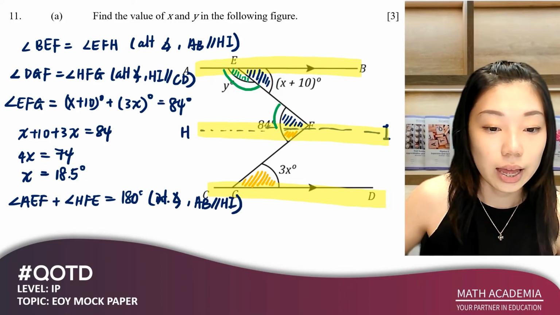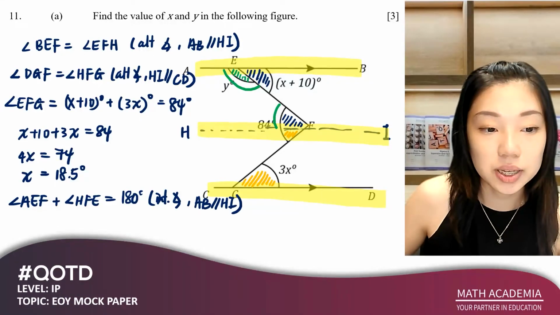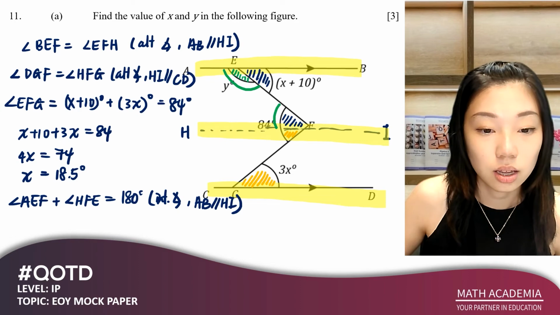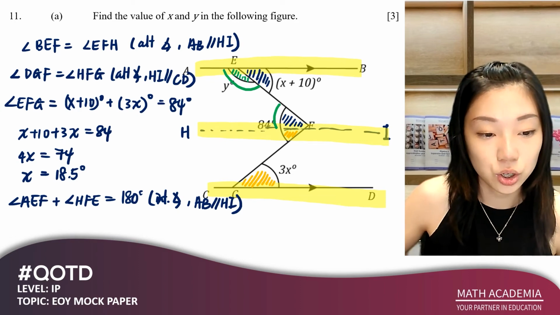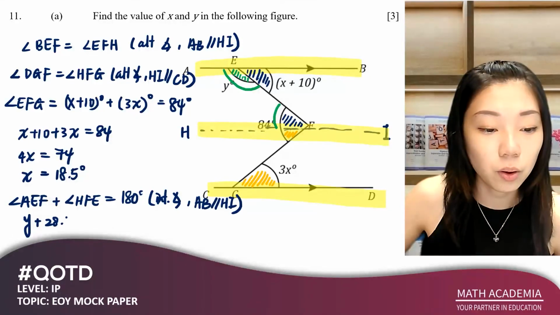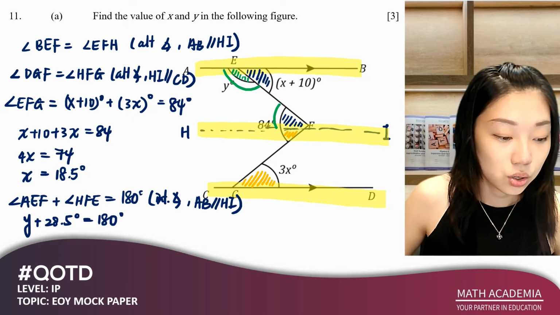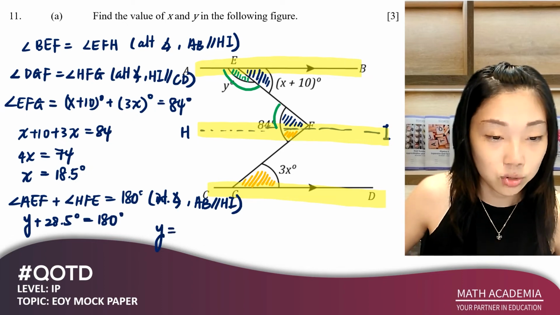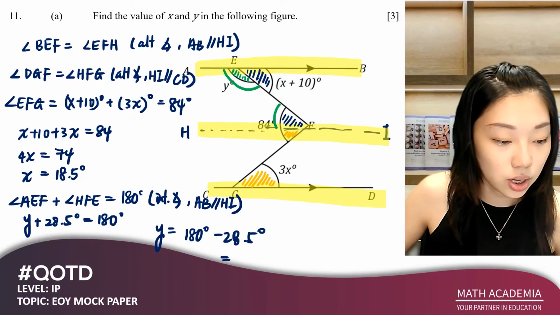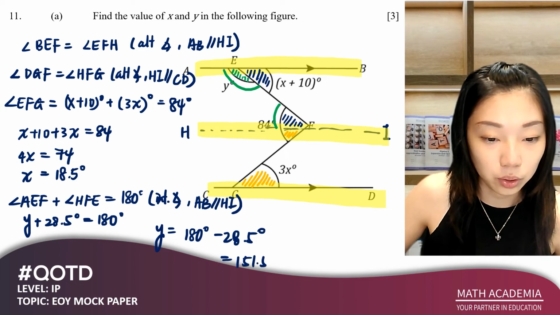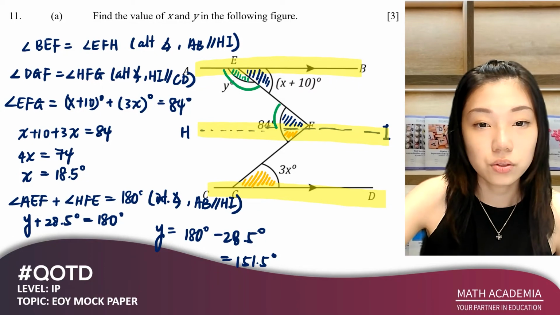I know that angle HFE is the same as angle BEF, which is x plus 10, which is 18.5 plus 10. So I can rewrite my expression as y plus 28.5 degrees equals 180. So y would equal 180 minus 28.5 degrees, which is 151.5 degrees.